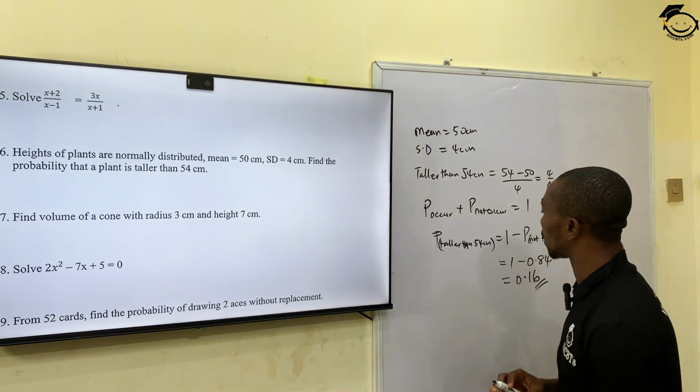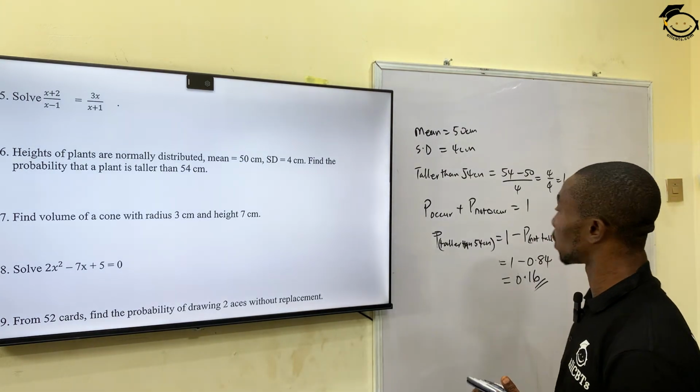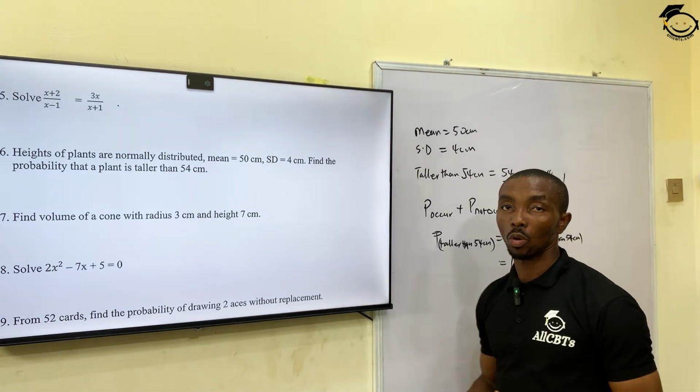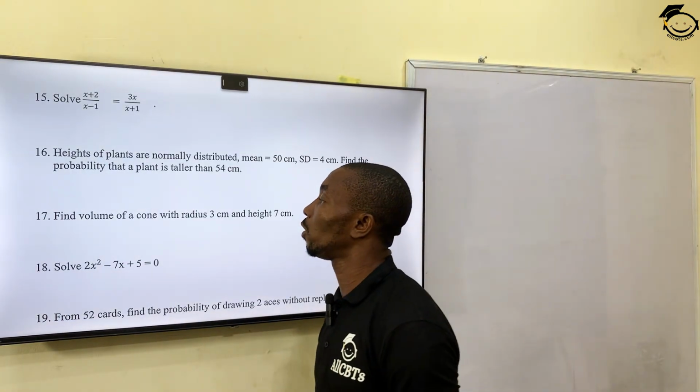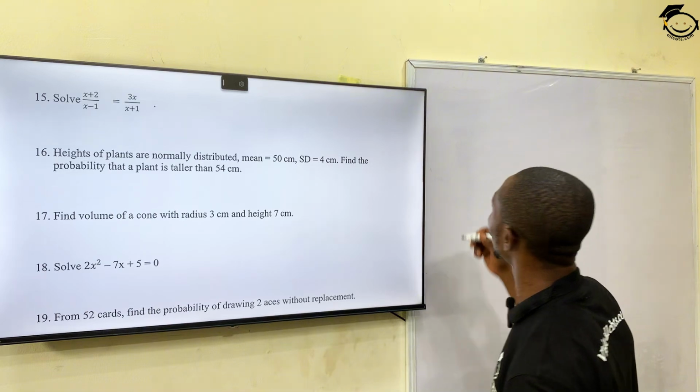So the probability that it is taller than 54 centimeter will be 0.16.